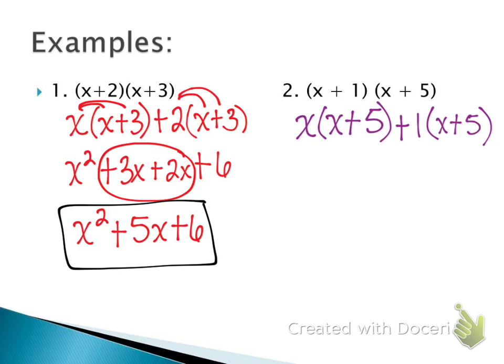Now I actually have to multiply these out. I've got it set up. It's time to multiply. So I distribute the x. When I distribute the x, Deja, what do I get? What else? Plus 5x. Good. Then I have to distribute the 1.